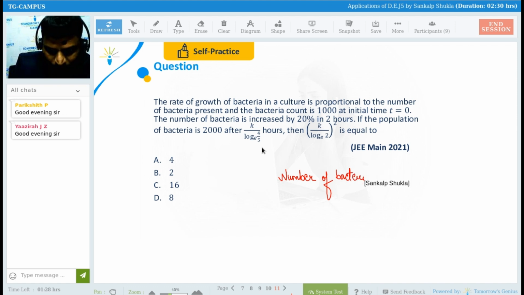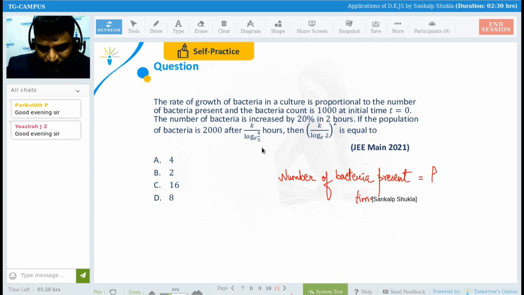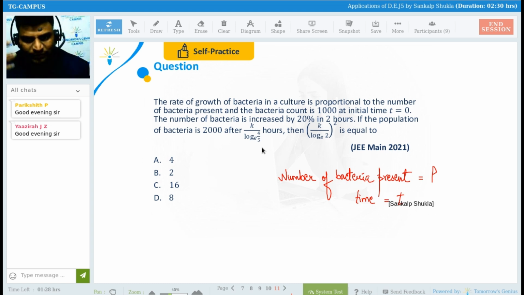So let's take this variable as P. Why are we taking P? Because P is the population. We have done a similar question, so it is the same. So number of bacteria present is P, and time is T. So we are definite that our relation is going to be between P and T.